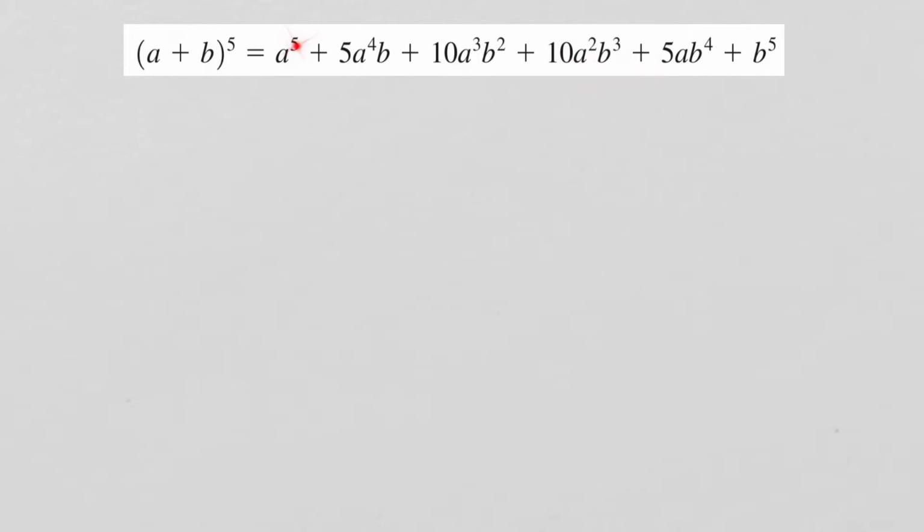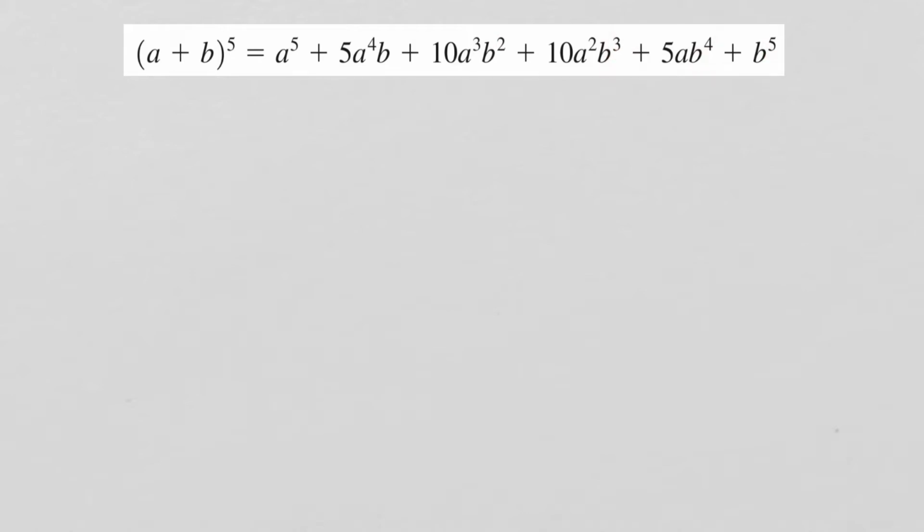So we have the fifth power, and then the fourth power, third power, second power, first power, and then here there's no a at all, which means a to the 0. Likewise, the power of b is increasing by 1 every single time. So here there is no b, which means we have b to the 0, and then here we have b to the 1, and then b to the 2, b to the 3, b to the 4, and b to the 5.